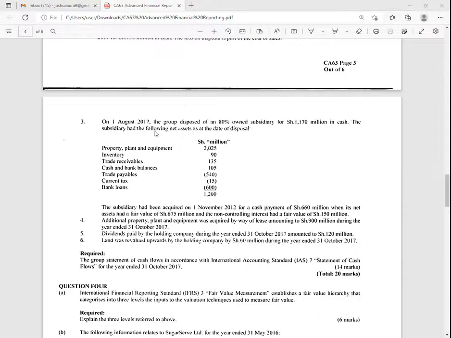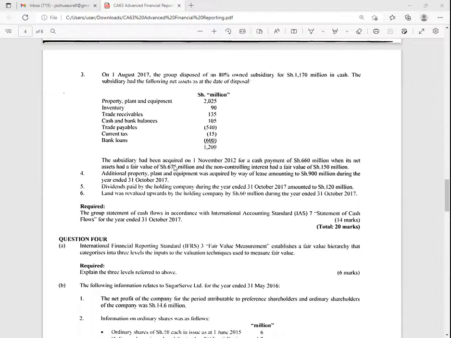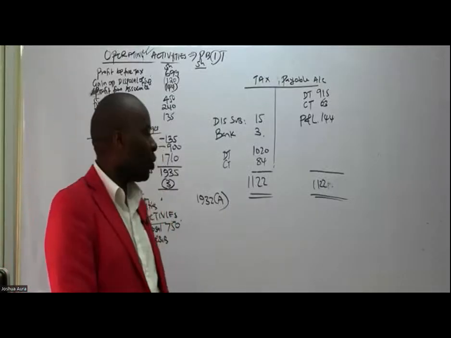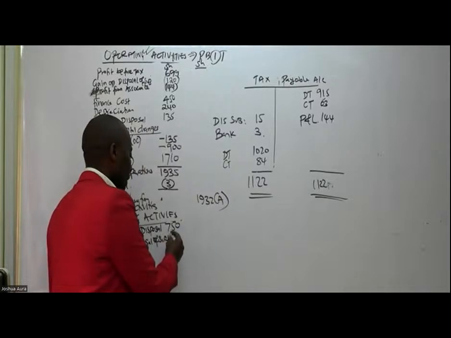The subsidiary had the following net assets at the date of disposal. I'm concerned with the cash that came on board, and we are told it was 1170.